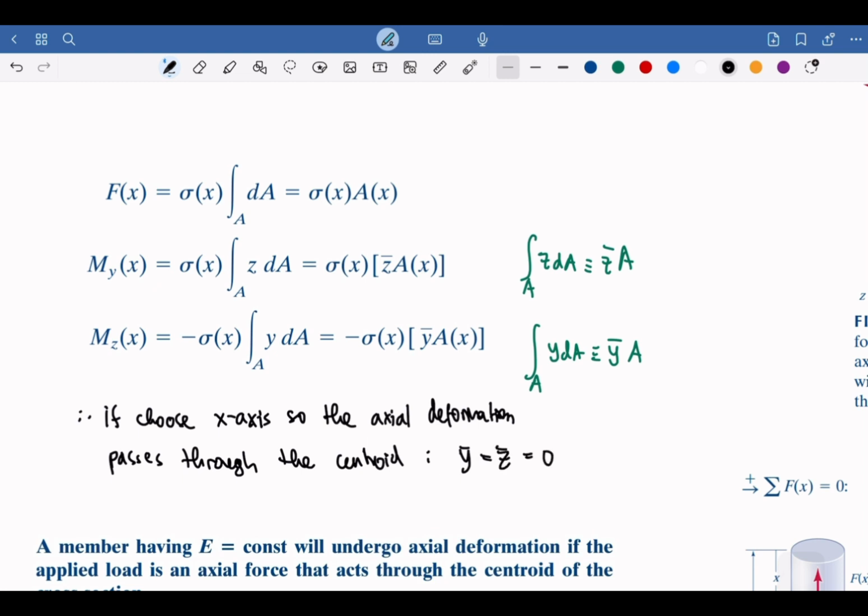And because of the 0, then My equals Mz equals 0.